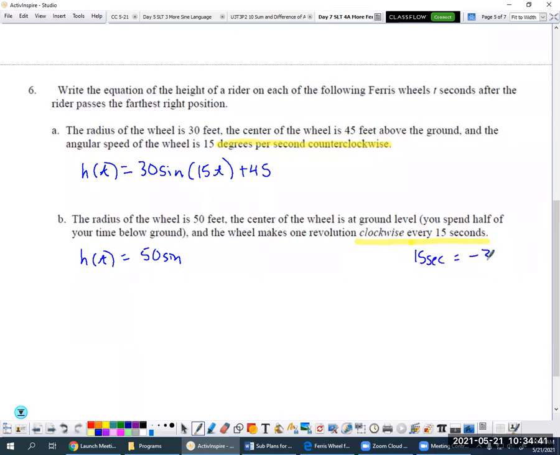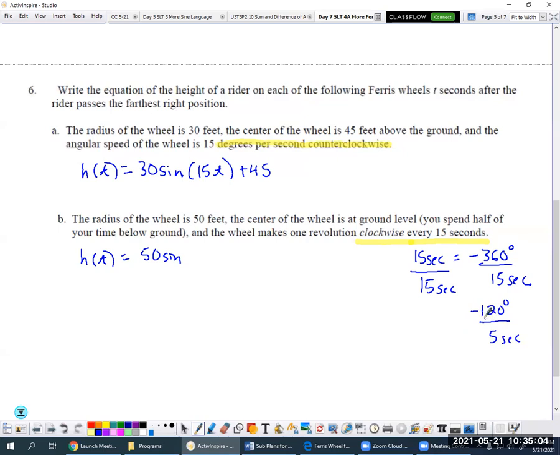I am moving negative 360 degrees because we measure negative angles clockwise. So if I divide that by 15 seconds, and I divide these both by 3, that's going to be negative 120 over 5.